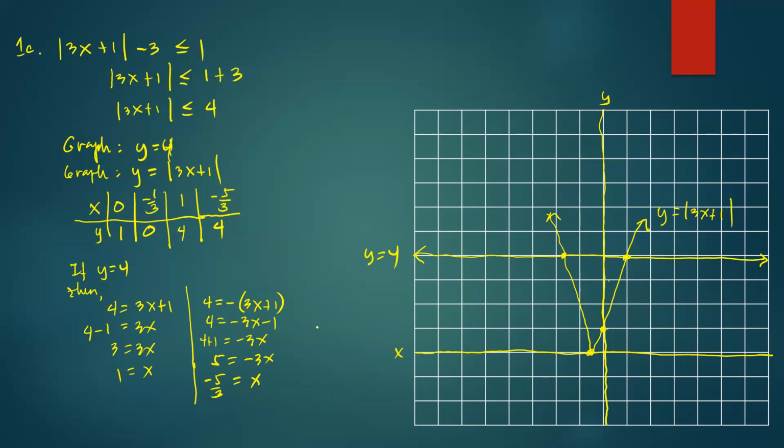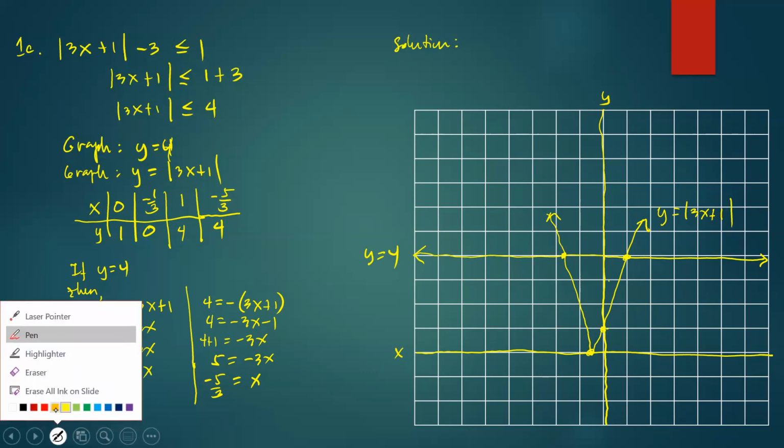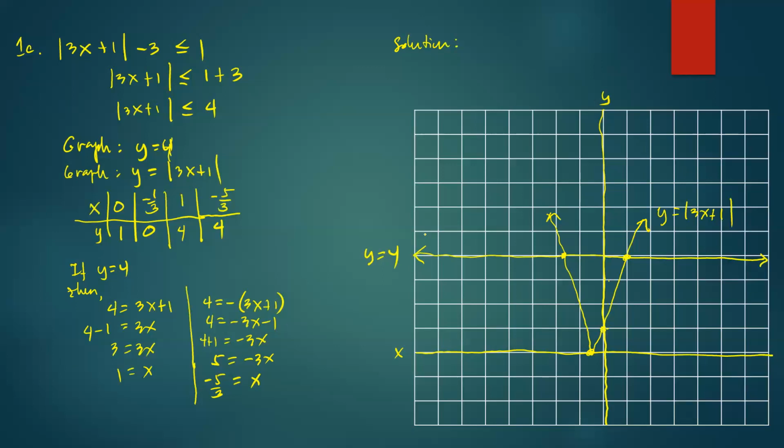So then we are looking for less than or equal. Okay, less than or equal. So therefore, our solution set is, again, the part of the graph that we are interested in is the part of the graph that it is less than or equal to 4. So less than, so that means below the graph of 4. So therefore, we are interested with this part of the graph. Right. Okay.